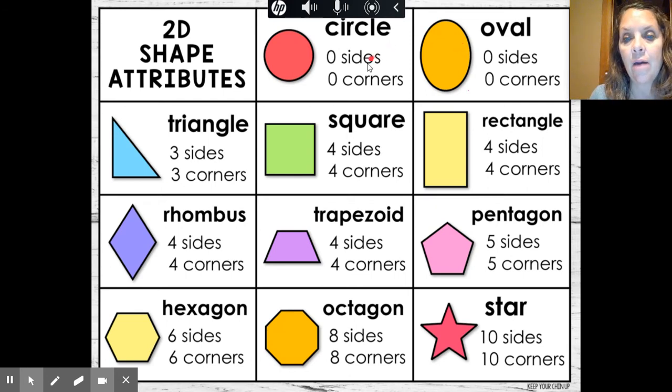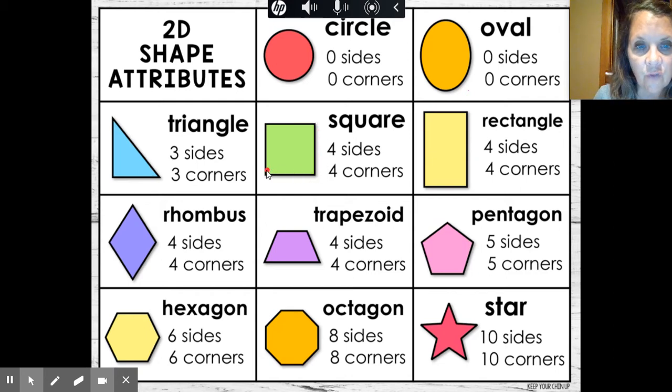Okay. The next two shapes I want to talk about are a lot the same. So a square and a rectangle both have 4 sides and 4 corners, okay? The way they're different is a square is special. A square is a special rectangle because its sides are the same size.